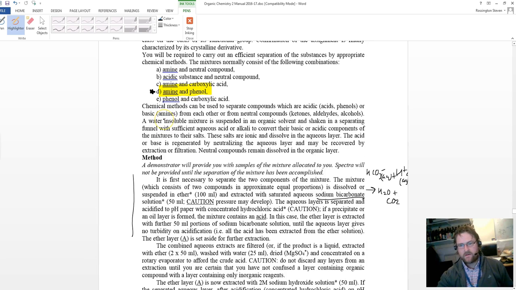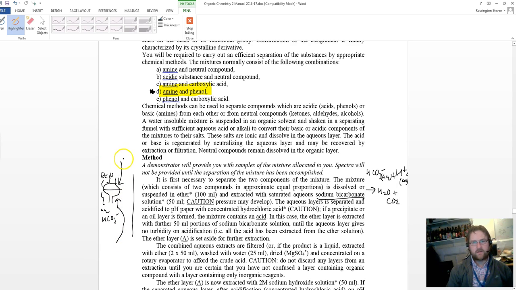So when you set a separating funnel up here, and you have the two layers set up, the organic and the aqueous, so this is the aqueous layer, which is the bicarb layer. This is the organic layer of ether. What's in our two layers?